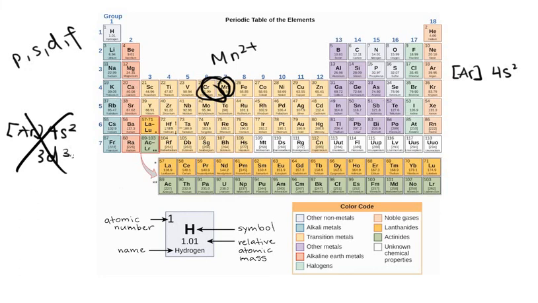So instead of this, it would actually be argon 3d5. All the 4s2 electrons are lost. This is another trick exams would use, so I think you should take note of this.